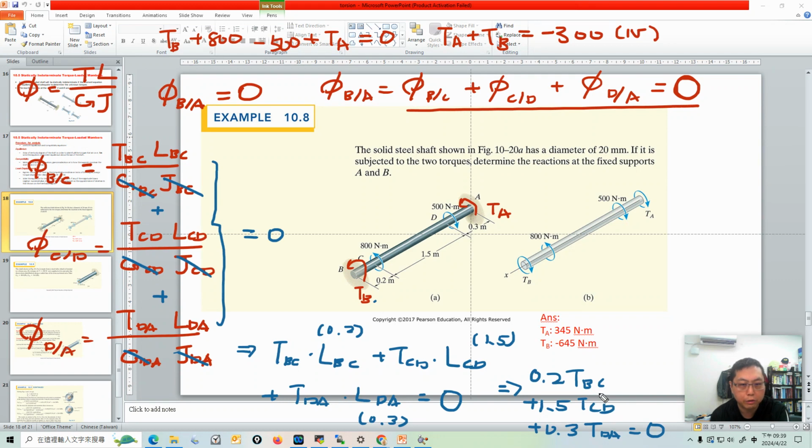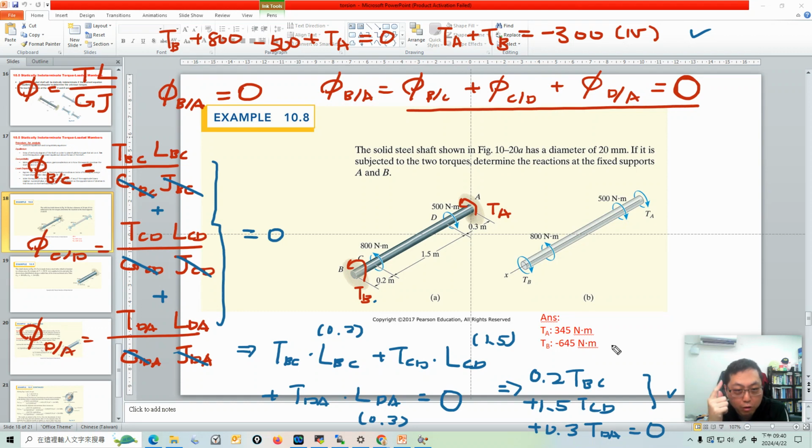But do we have T_BC, T_CD, and T_DA? Do we have these values? It looks like we have another equation, but can we solve for T_A and T_B with these two equations?